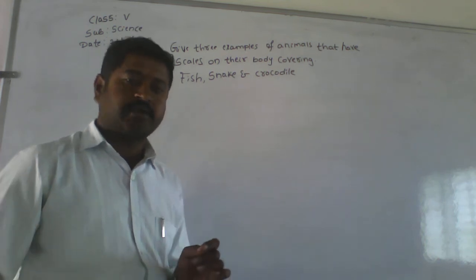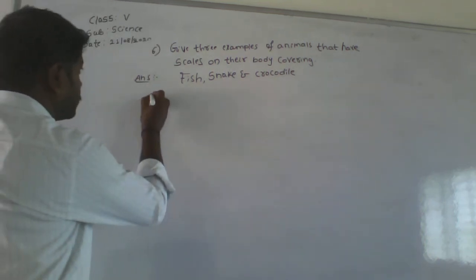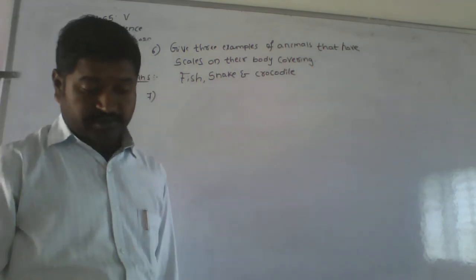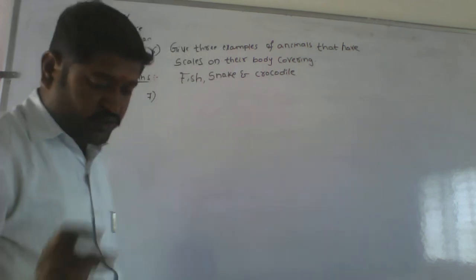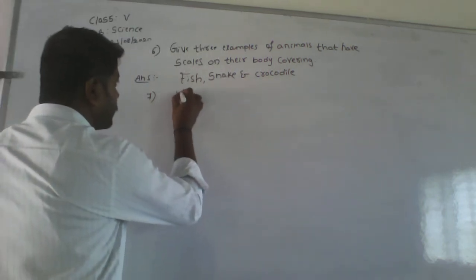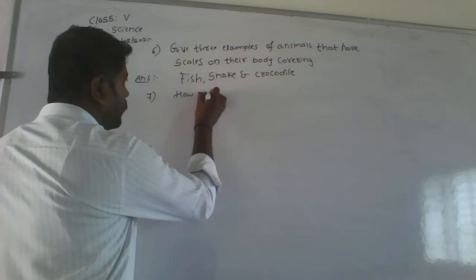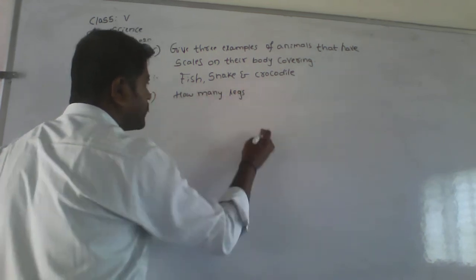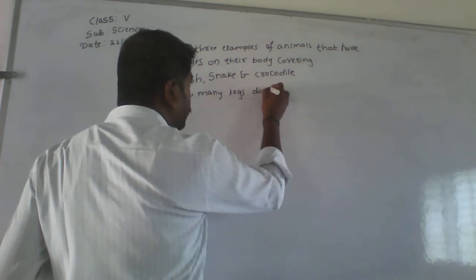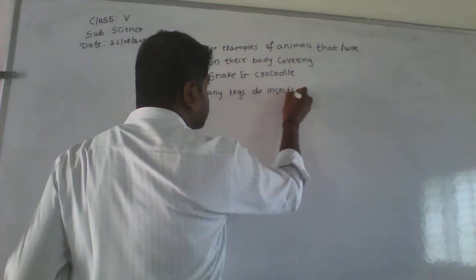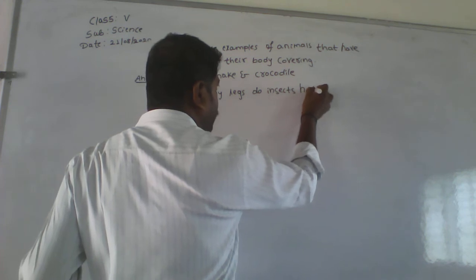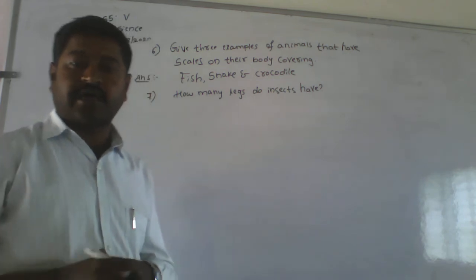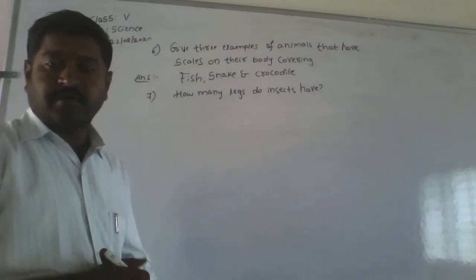Alright? Then the next question number 7. What is question number 7? How many legs do insects have? So how many legs do insects have? It is 6.